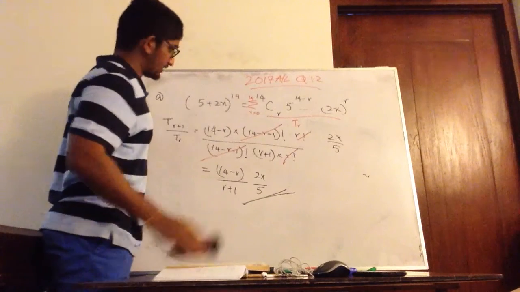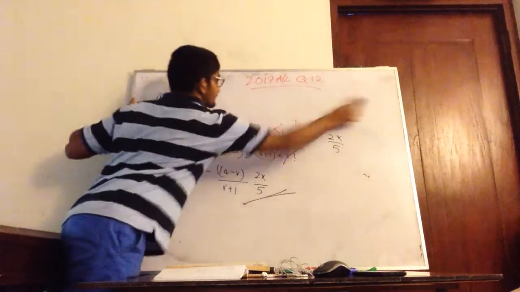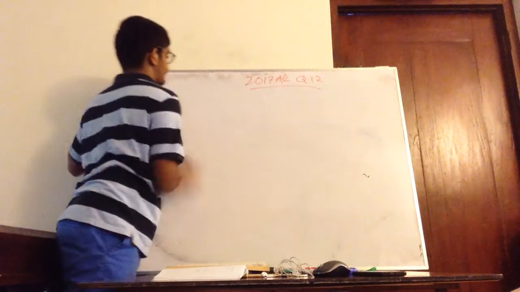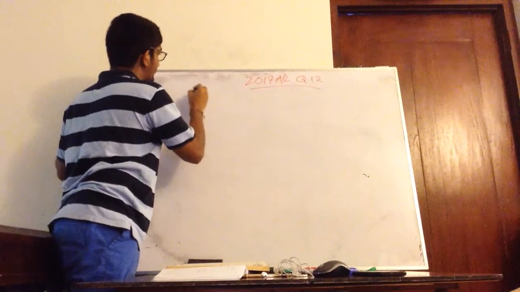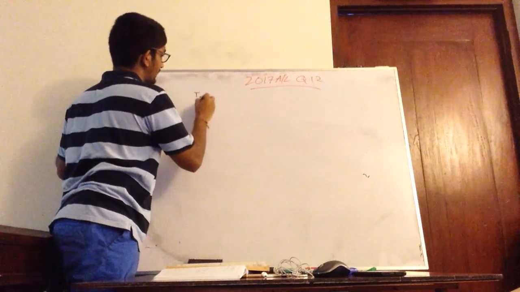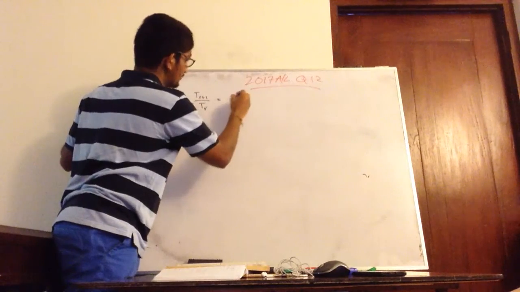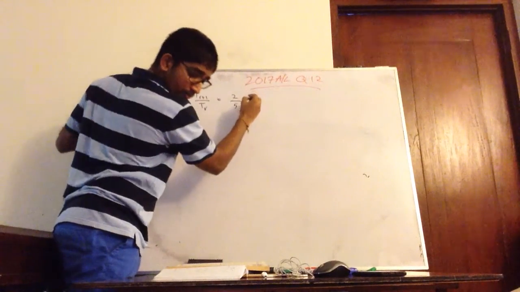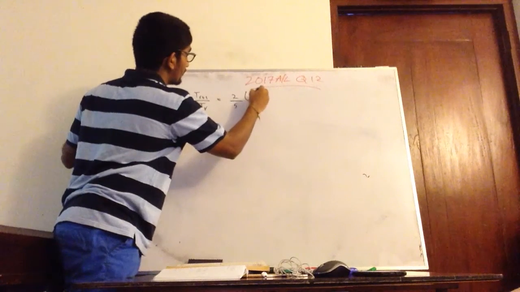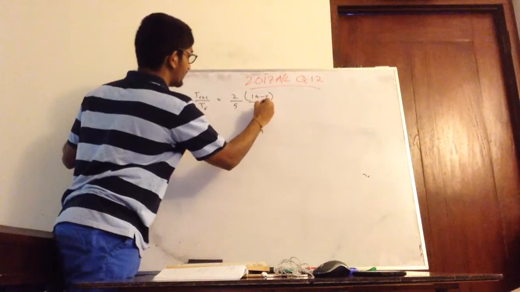So now basically we got T r plus 1. T r is equal to 2 over 5, 14 minus r plus 1.